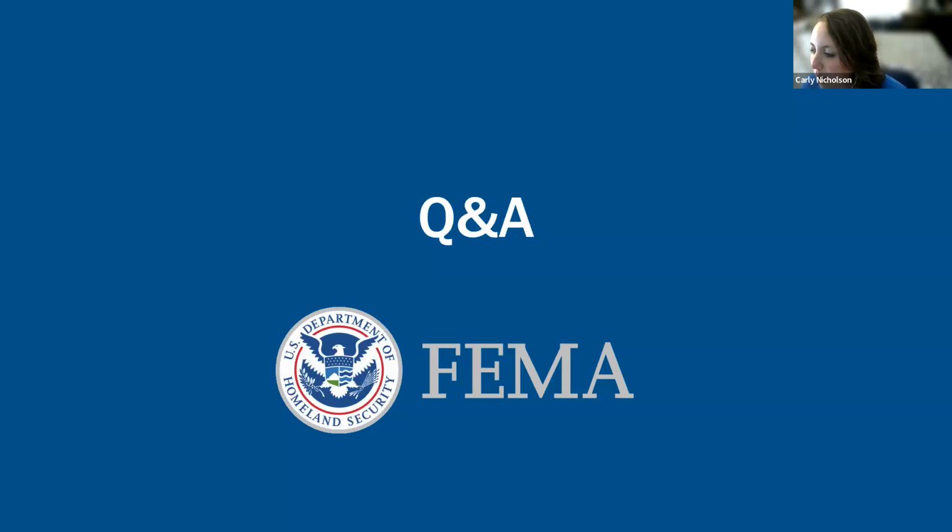Looks like we might have had a question earlier about the FEMA web link for hazard mitigation plans. So I am getting that link for you right now. Working on that one. And we can try to drop that one in the chat for you to make that a little bit easier.